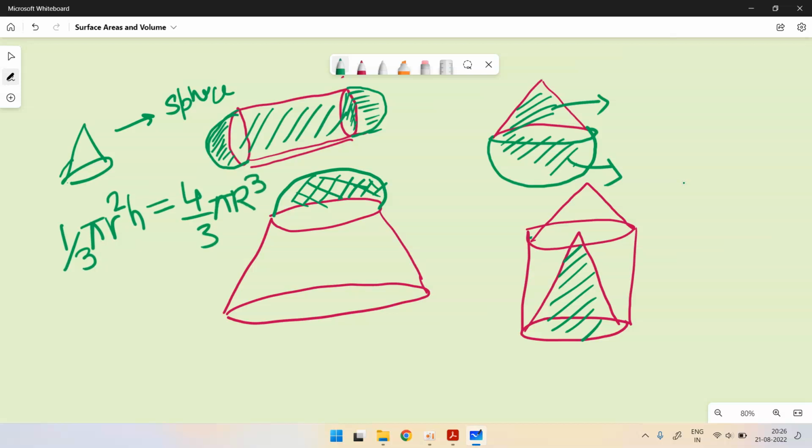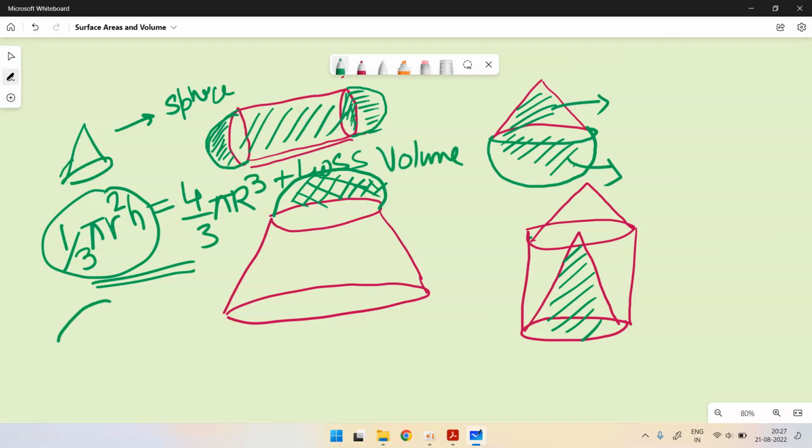Always equate these two, and if there are losses it will be given in the question. Then add the loss volume. Generally it is not given, but in some cases it is given.